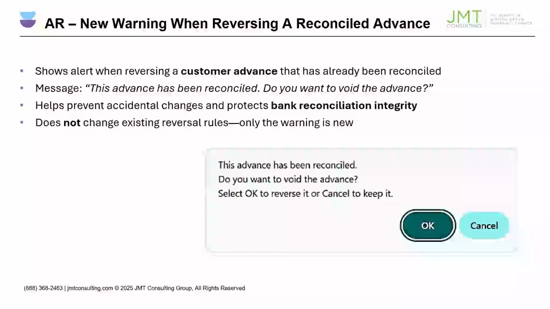If an advance payment, which is really a deposit, needs to be reversed for whatever reason and it has already gone through the bank reconciliation process, you'll get a message. If it's okay to reverse, you will have to reopen the bank reconciliation and then you're able to reverse it. They've put these safeguards into place in accounts receivable as well, but only on advances so far.